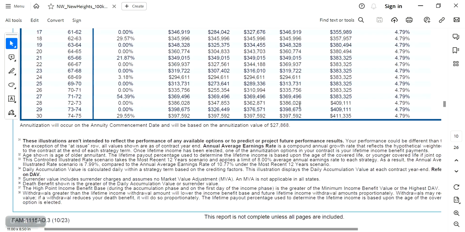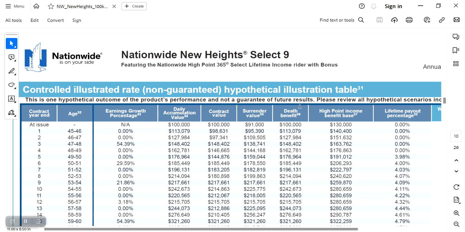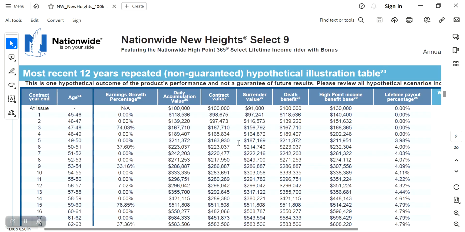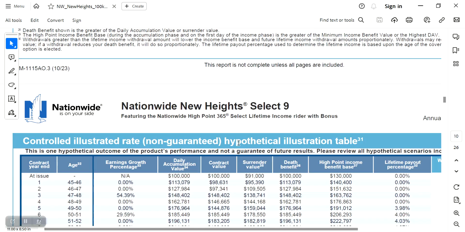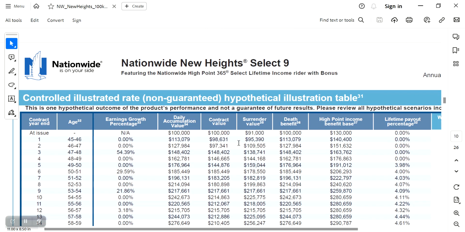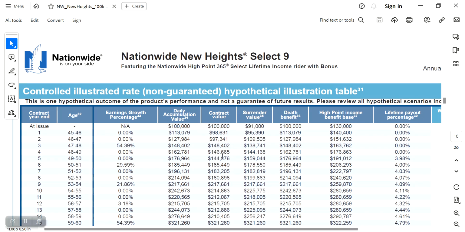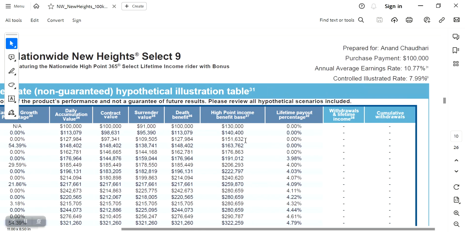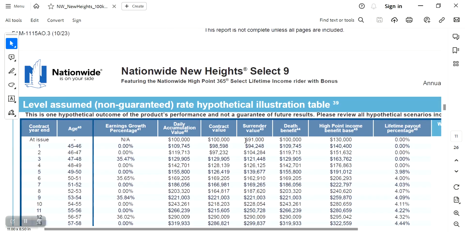Yeah, very similar. I do think the level assumed table is probably the most realistic from all of these hypotheticals. But again, this is a hypothetical, not a guarantee. Yeah, I got that part. So which one are you saying is more realistic? I believe either the level assumed or the controlled illustrated rate.